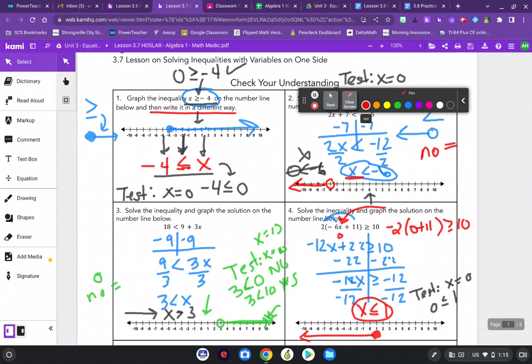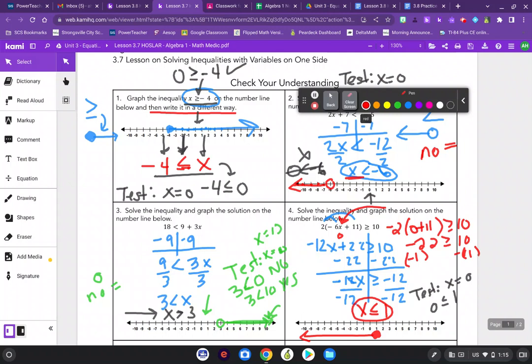And so negative 2 times 11 is negative 22. Well, that's not greater than or equal to 10. So in order to have a statement that is true, when I divide by this negative, when I multiply both sides by negative 1, then I have to flip the symbol in order to make this true.